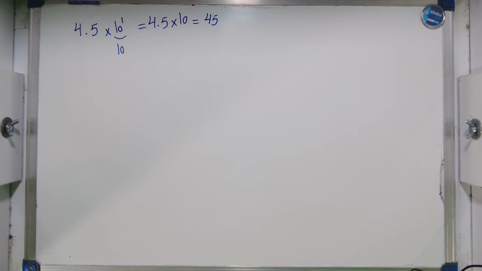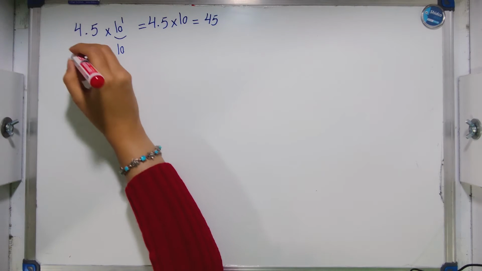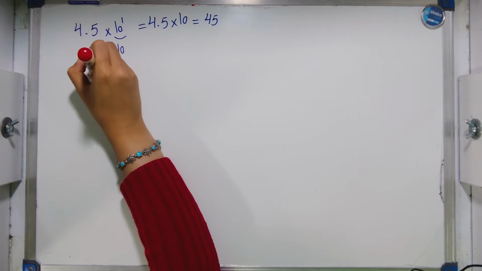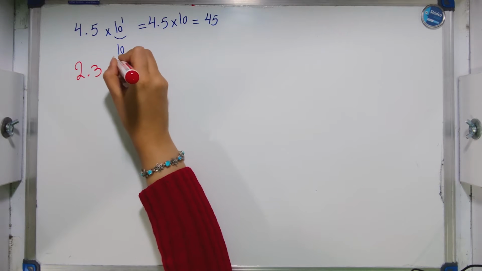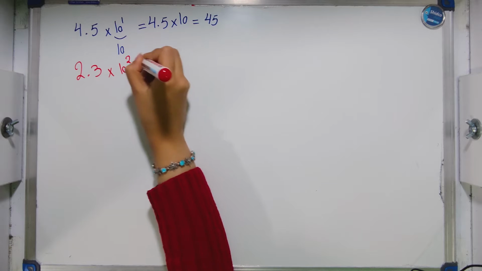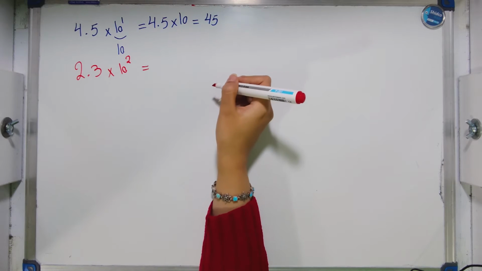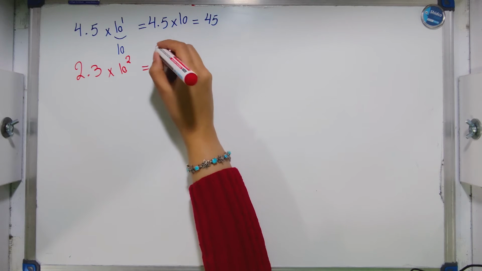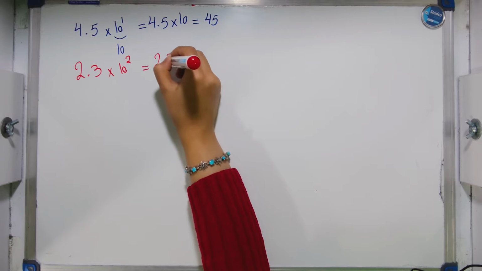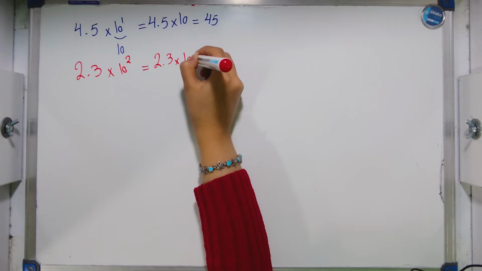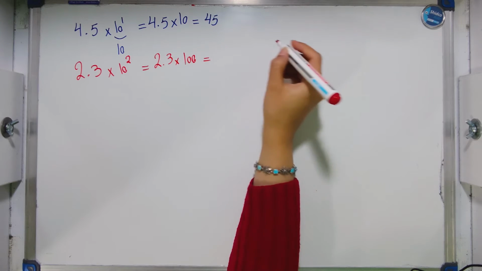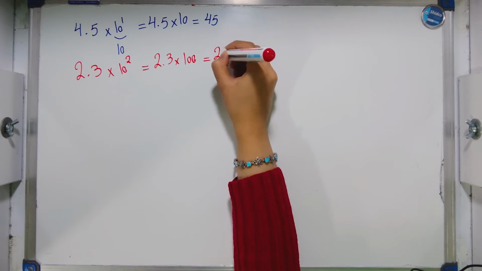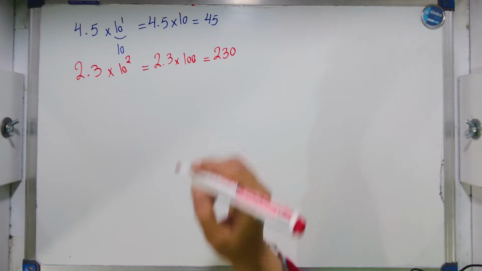Look here. Now I have this number: 2.3 times 10 to the power 2. 10 to the power 2 is actually 100. So I say 2.3 times 100, and it will be equal to 230.